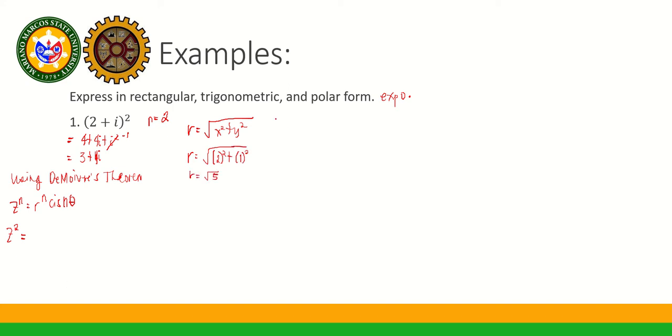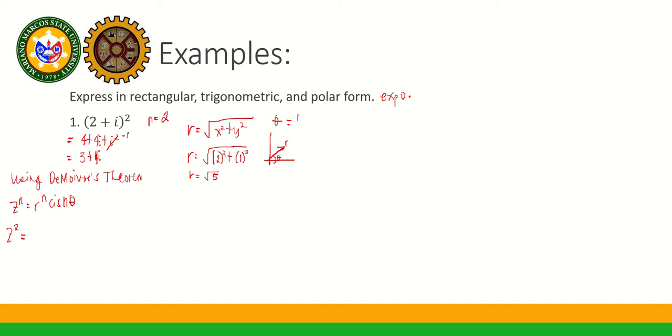And how about theta? So, recall lang natin kung saan natin kukunin yung angle natin. So, since both positive yung mga coordinates natin, si x and y, ibig sabihin nasa first quadrant yung complex number natin. So, dito natin kukunin si theta.